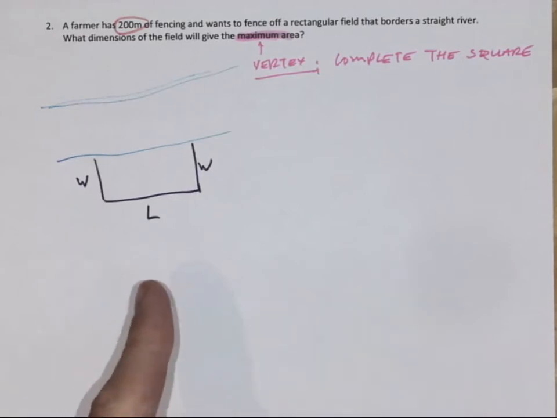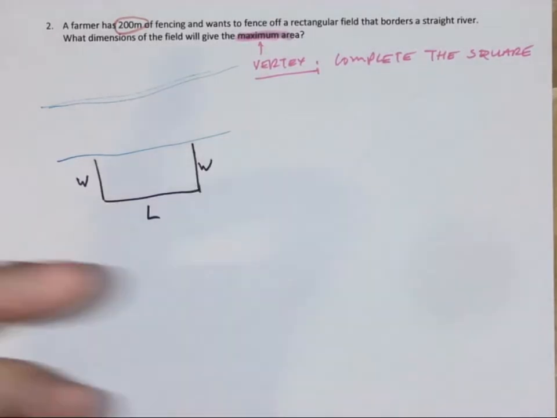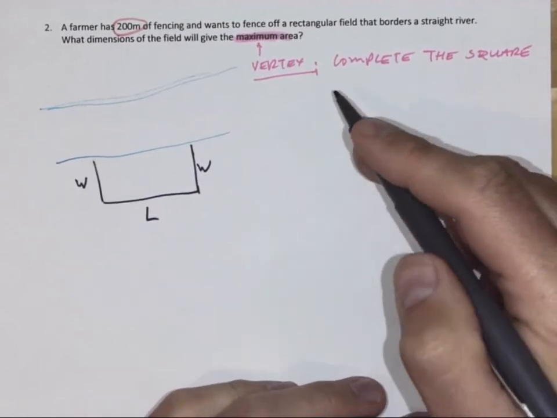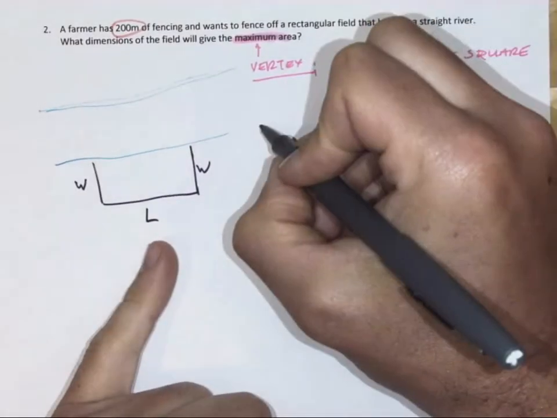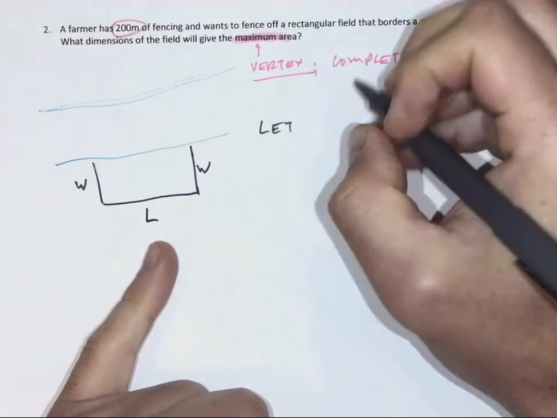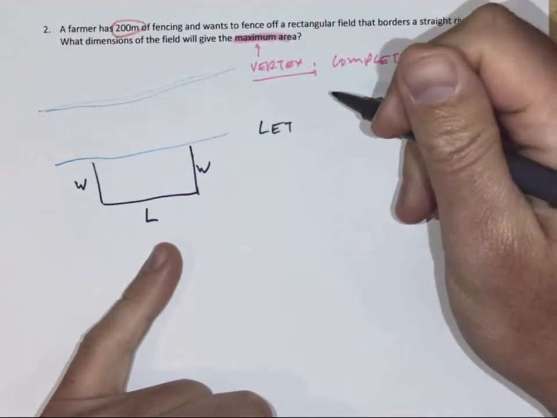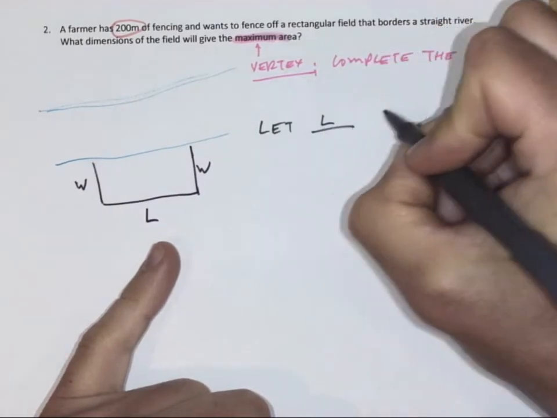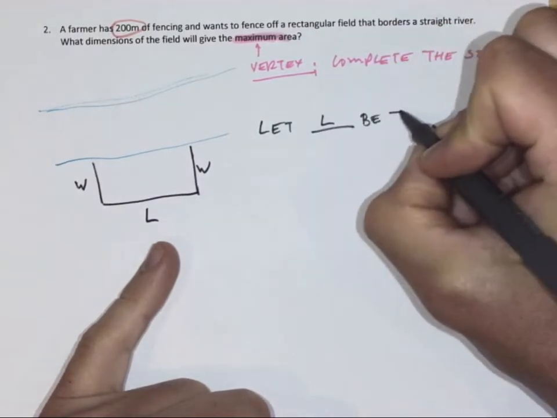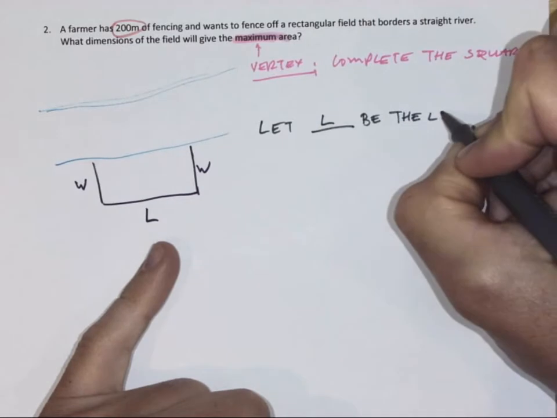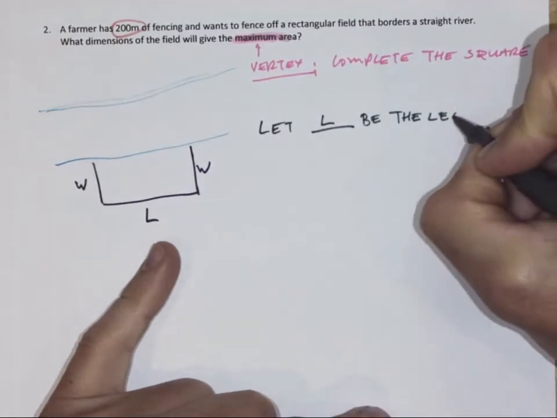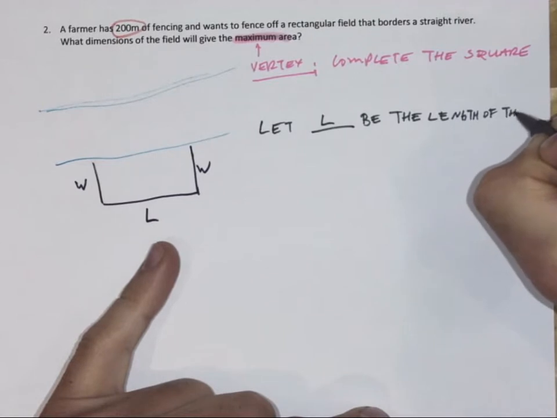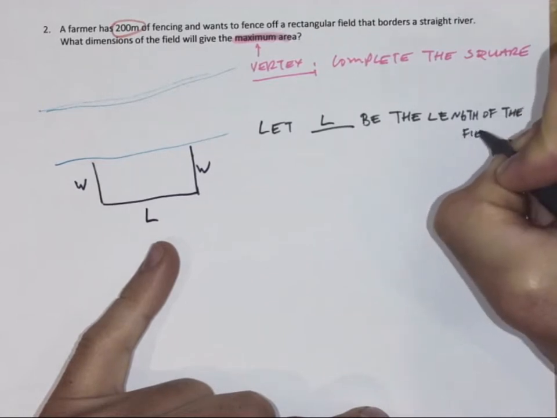I need let statements to help me set up how I'm going to figure this out. So I'm going to let L, it could be W, it could be whatever, let L be the length of the field.